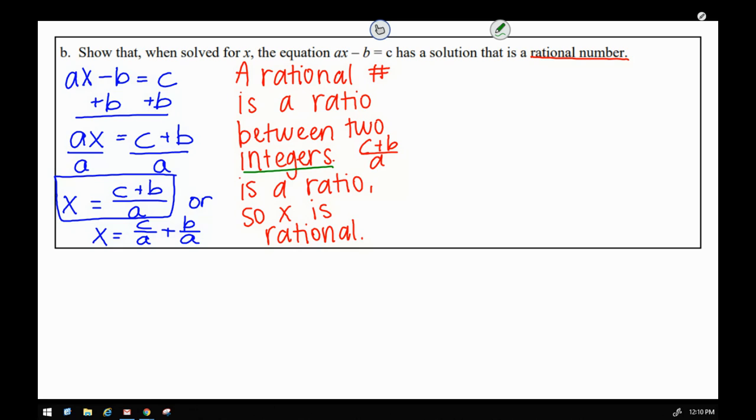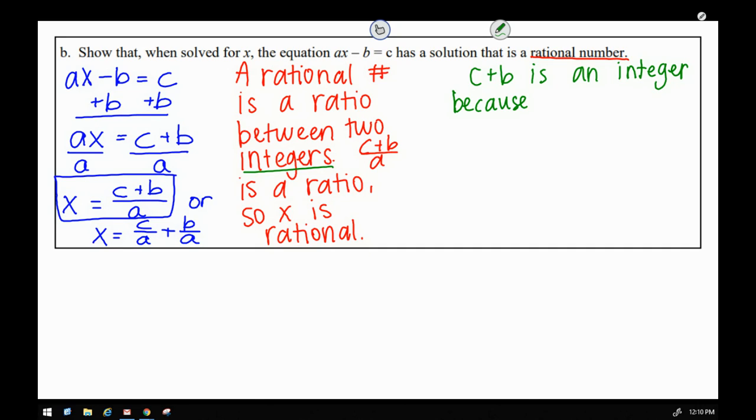Right? It says a ratio between two integers. Have I said that this is an integer? No. Okay? C plus B is an integer, because why?